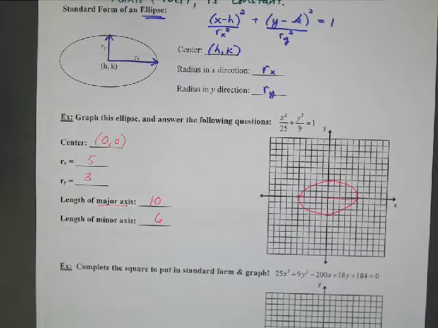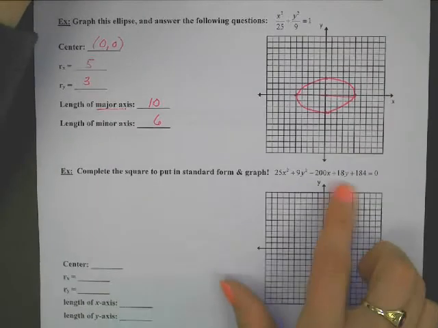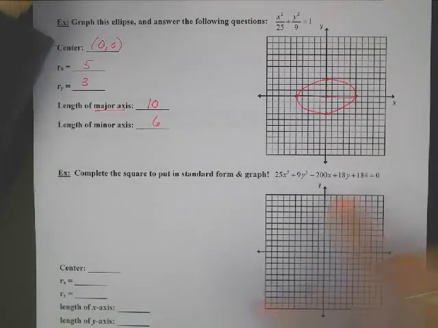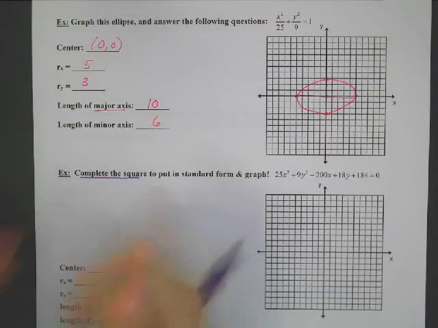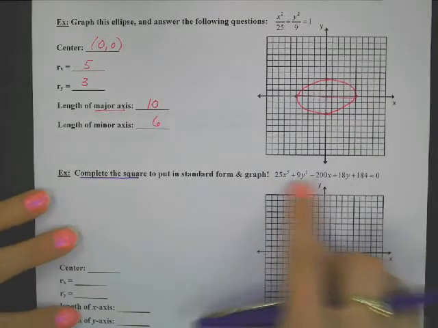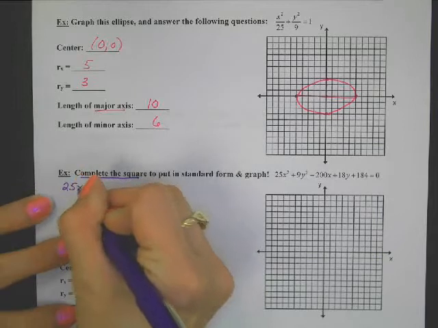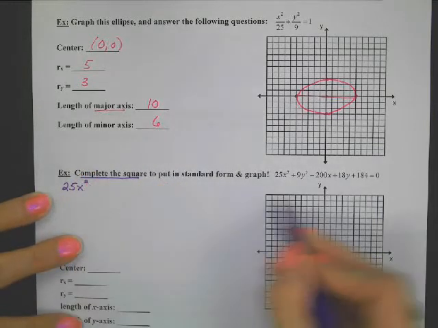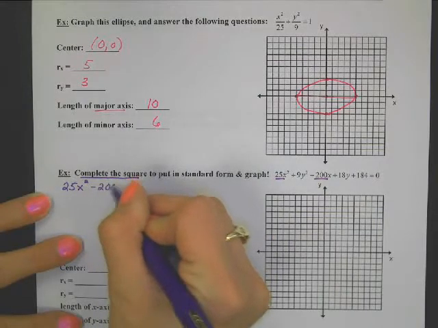Okay, what do you do if they give it to you in this form and you have to put it into standard form? Then we're going to have to show some completing of the square. So let's write down this problem. The first thing I'm going to do is maybe put the x terms together first. So let's write 25x squared. The next x term would be minus 200x.